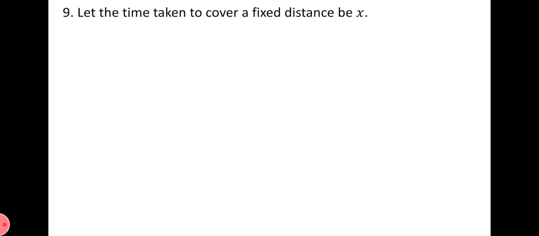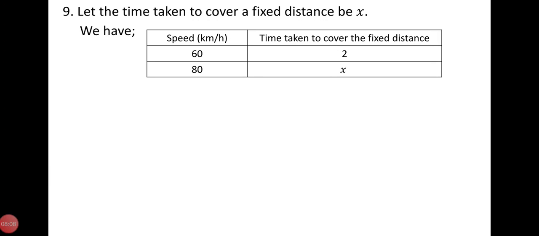So question number 9 solution, let the time taken to cover a fixed distance be x. Now we have speed which is given in kilometer per hour and time taken to cover the fixed distance. When the speed is 60 km per hour, it requires 2 hours to reach the destination.